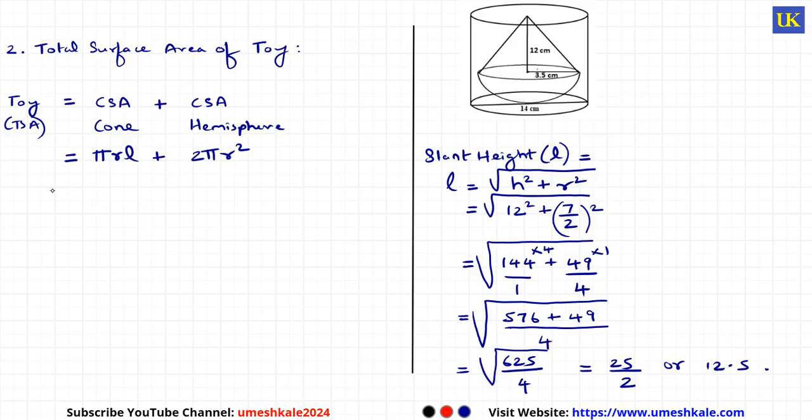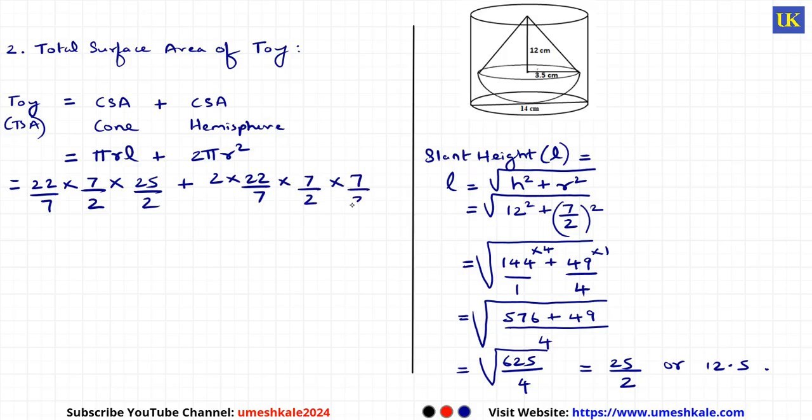Now we will solve this main sum. So pi is 22 by 7. The radius is the same for both, so it is 7 by 2, into slant height 25 by 2, plus 2 into 22 by 7, and radius 7 by 2 into 7 by 2.